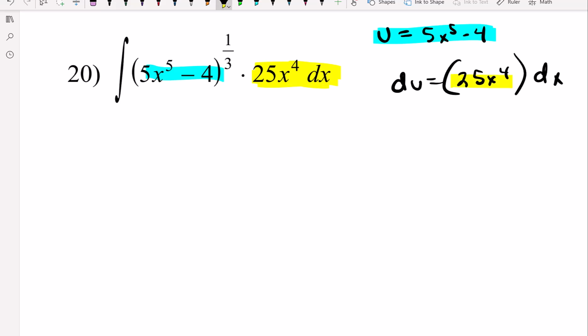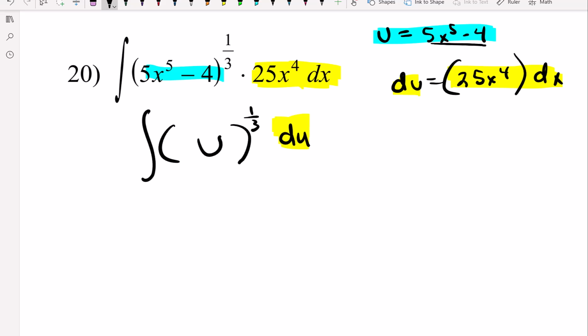Ah, nice. That's what that is. So now we can substitute this with du. And then this will be u to the 1/3. All right. Yep, so here's our u, and then to the 1/3 power.